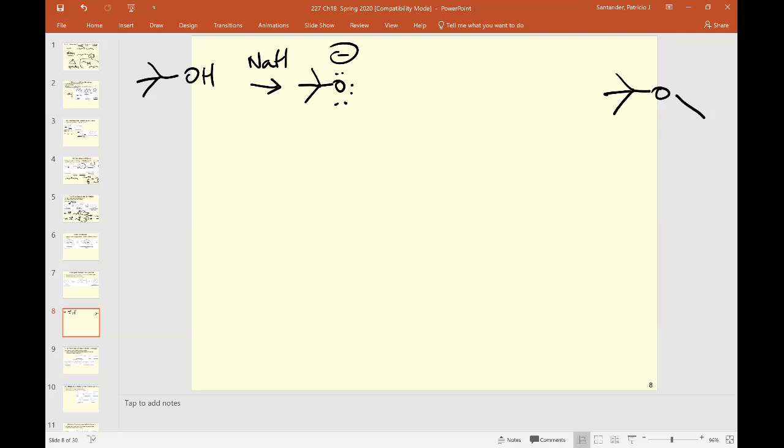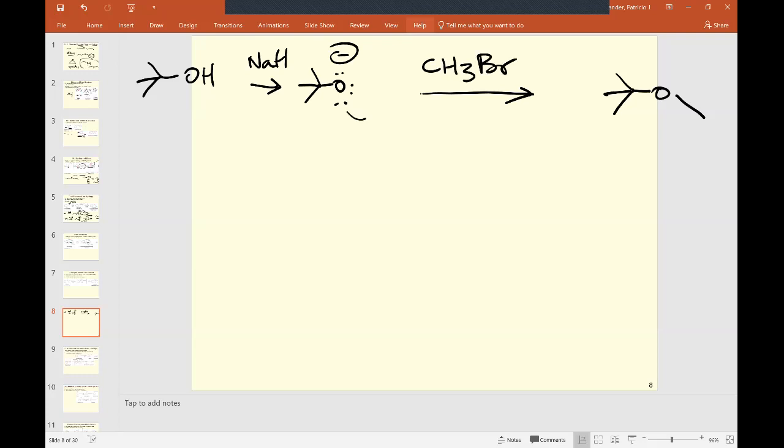So which one should be the halide that I need to use? Well, I will need to use something like CH3Br, right? Nucleophilic attack, displacement of the Br minus, and I will get my final product. In this case, it is true that that method will work quite well. But how about if I try to do it the other way around?